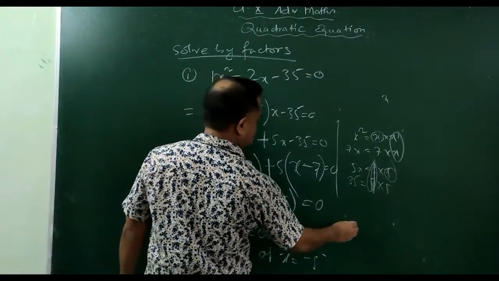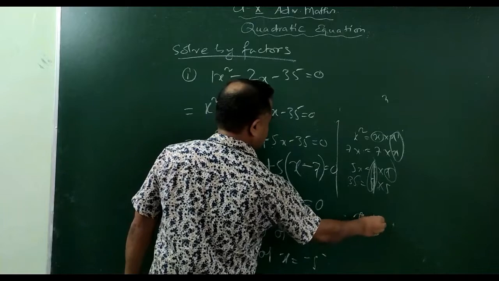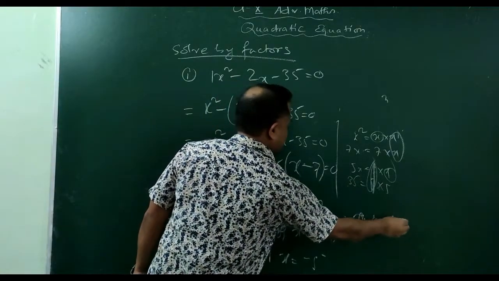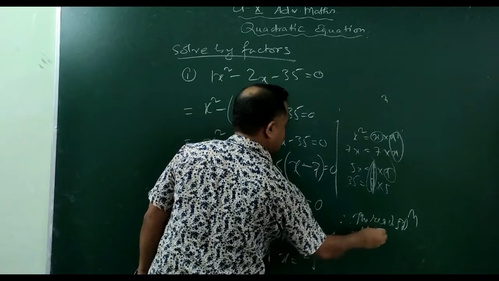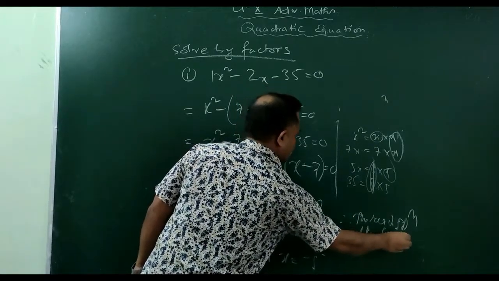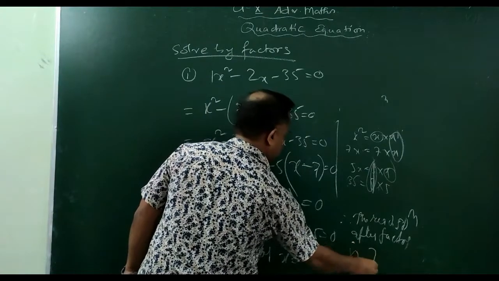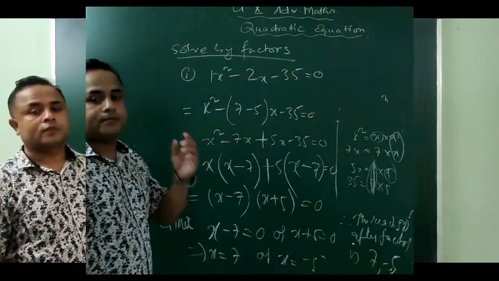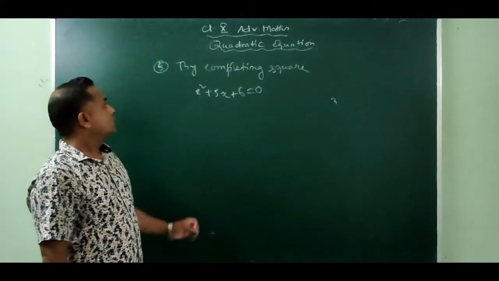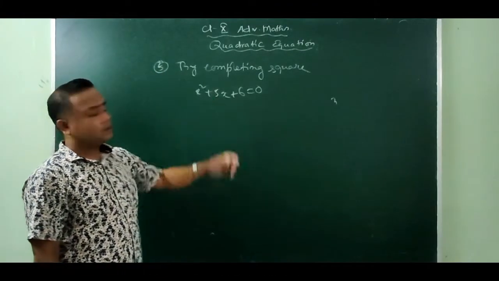Therefore the required solution after factoring is 7 and minus 5. Next we will solve by completing the square.